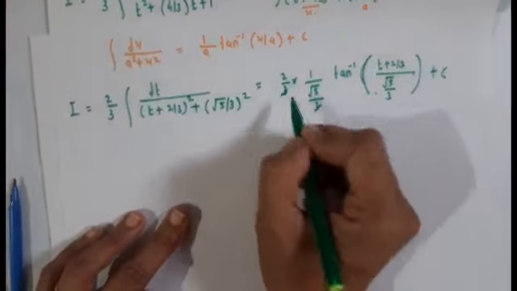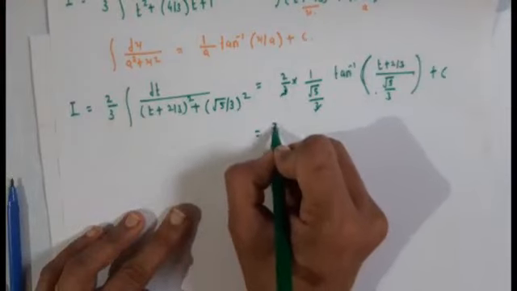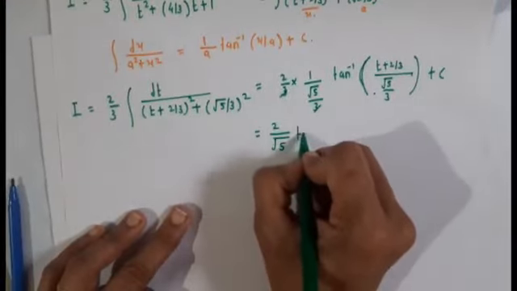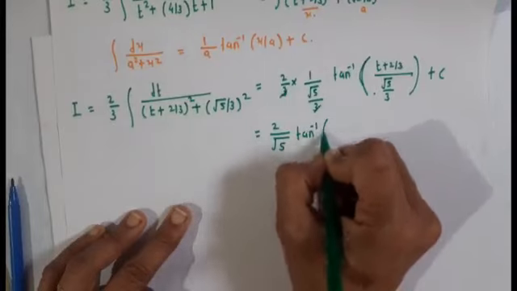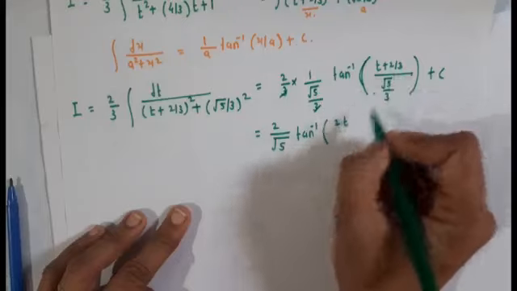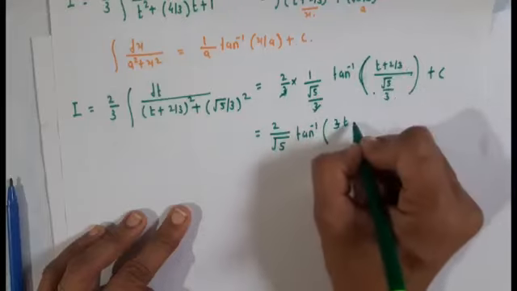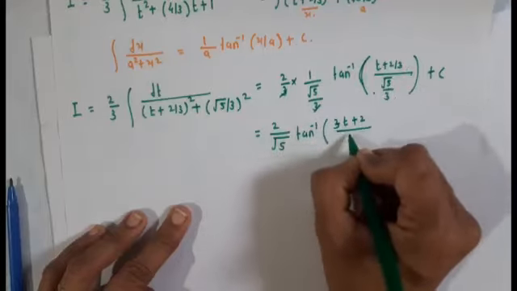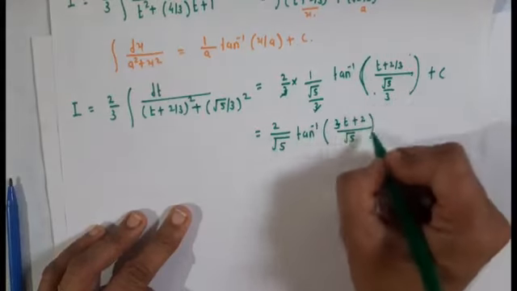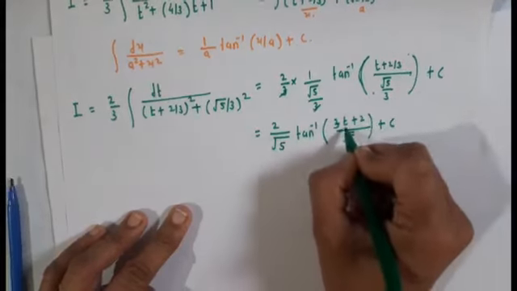Okay students, and this 3 gets cancelled here. This is equal to 2 upon root 5 tan inverse of, simplifying the term, 3t plus 2 upon root 5, where the 3 gets cancelled, plus constant of integration c.